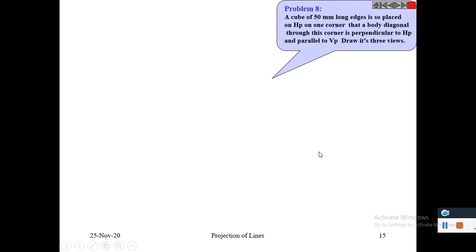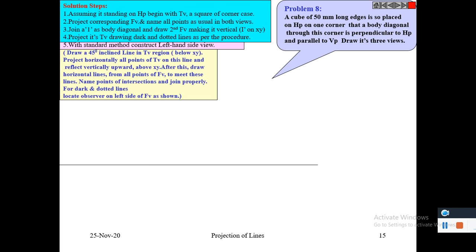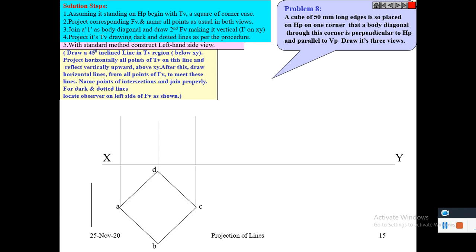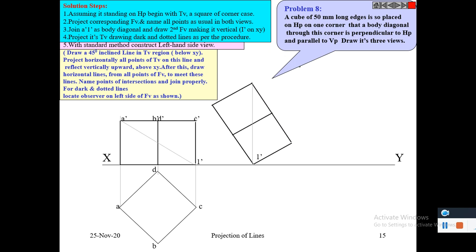A cube of 50 millimeter long edges is so placed on HP on one corner that a body diagonal through this corner is perpendicular to HP and parallel to VP. Draw its three views. Body diagonal is drawn as 1 dash A dash.